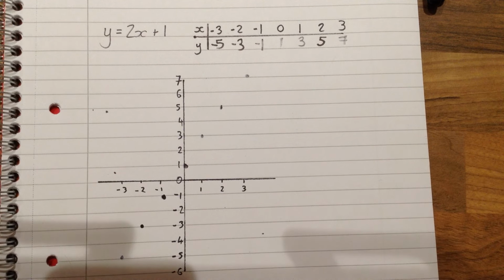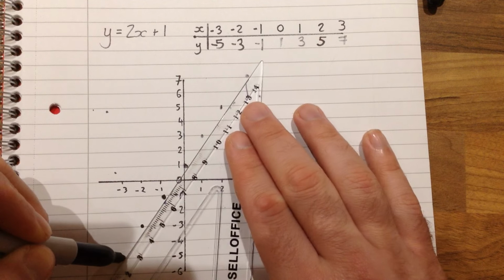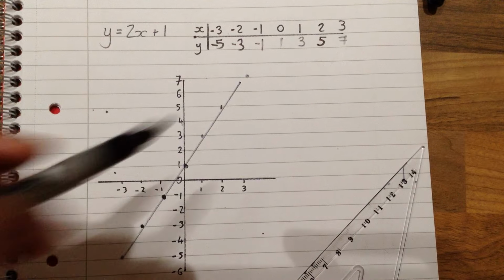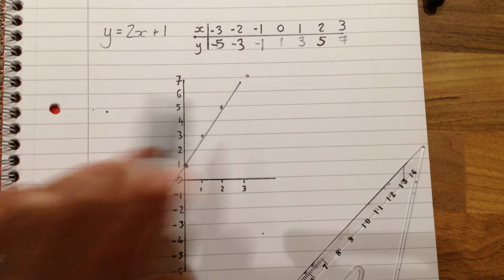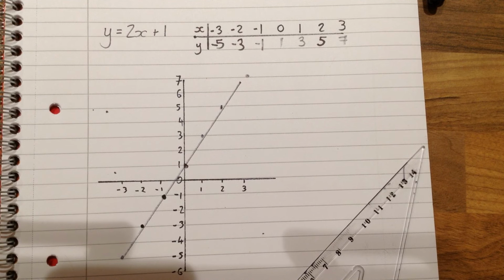What you should notice is that all of your points should form a straight line, so we now need to get a ruler and join them all together. Obviously yours won't have the slight inaccuracies that mine does, because you're doing this on squared paper, which is a lot better than the line paper I've got here.